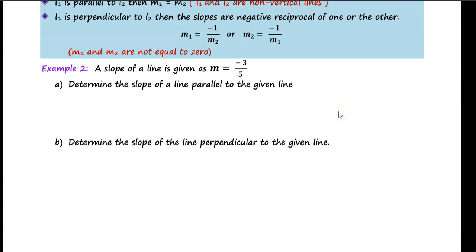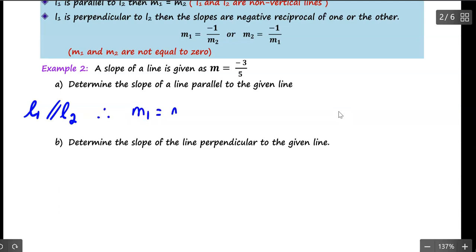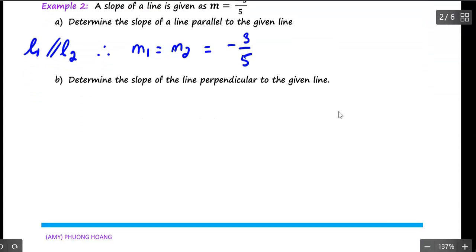Because it's given to me as, let's say, L1 parallel to L2, therefore m1 equals m2, which is also equal to negative 3 over 5. So it will be the same. If the slope of a line is given as m1, then your m2 will be the same because the lines are parallel to each other.